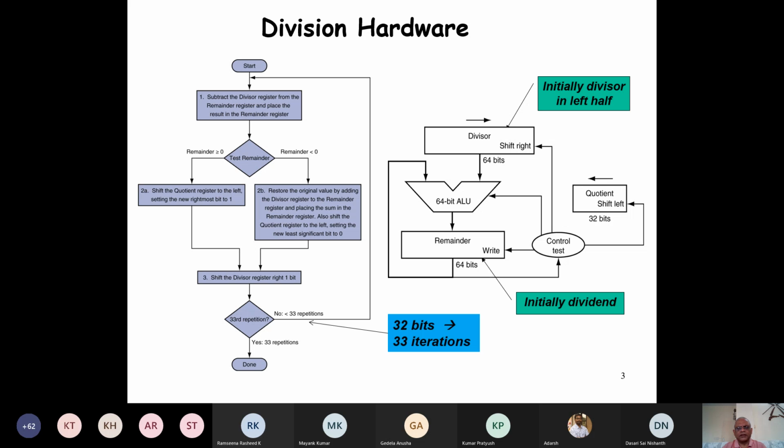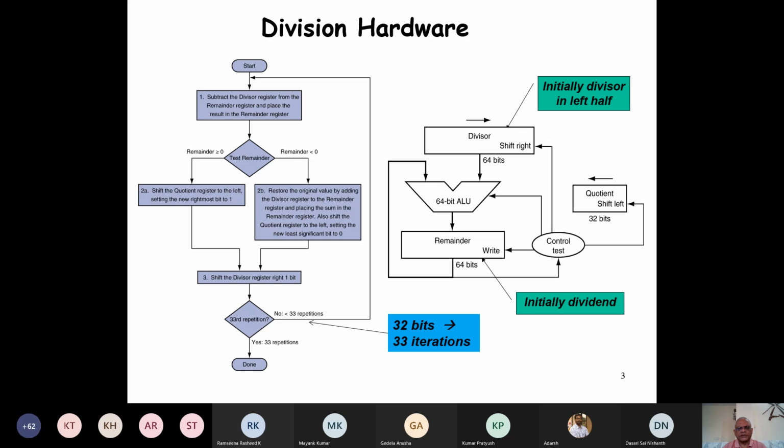But if the result is positive, then we just shift the divisor one bit right, and then we go back and again perform the subtraction. I'll just explain this with the help of another example. But this is the overall scheme.